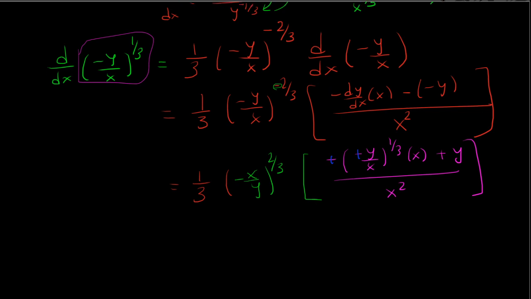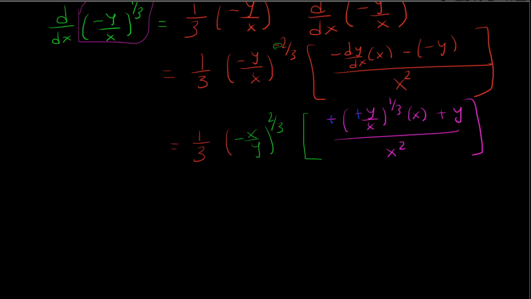And then we can simplify this further. So this negative here, you're raising it to the second power, then cube rooting it, so that's going to be positive. So I can have 1/3 x over y to the 2/3. Okay, and then I'm going to break up the y to the 1/3. Then I have x to the 1/3 times x.